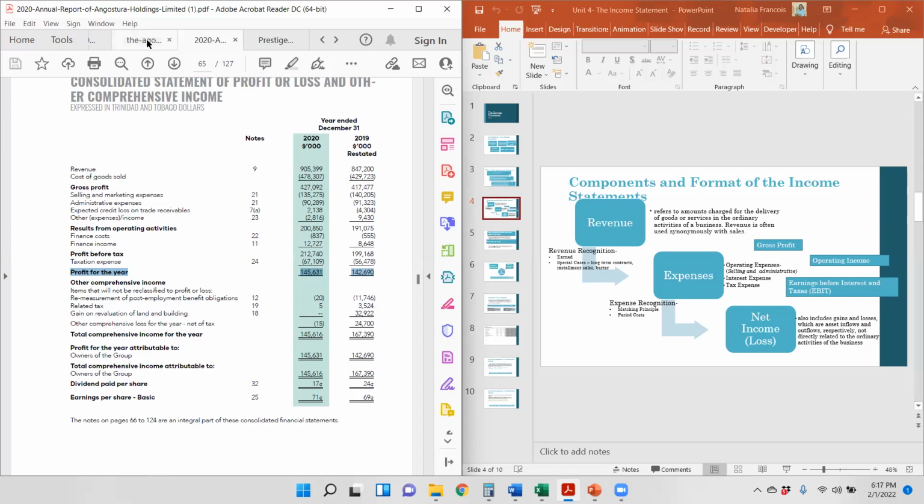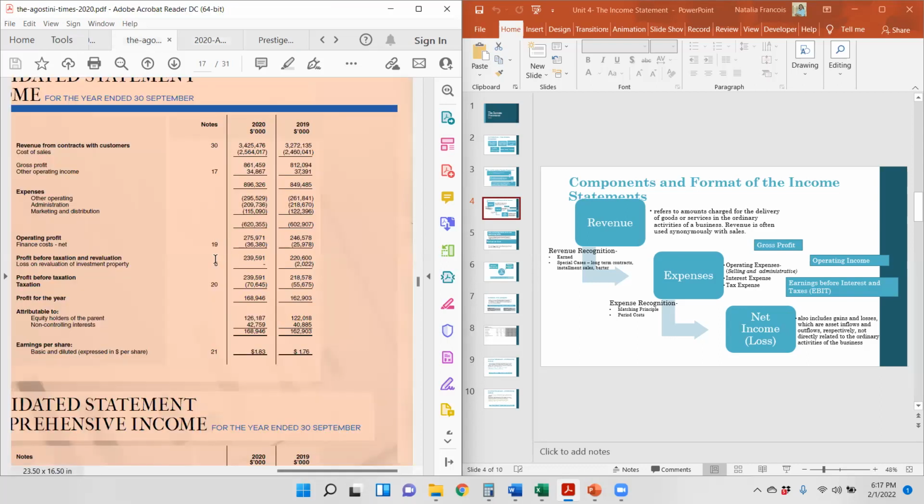I'm going to explain the others in a while. Just to look at it again, Angostura. Angostura is listed clearly. Revenue, cost of sales, gross profits, operating income, other expense, finance costs, taxation. We pay a lot of attention to it.